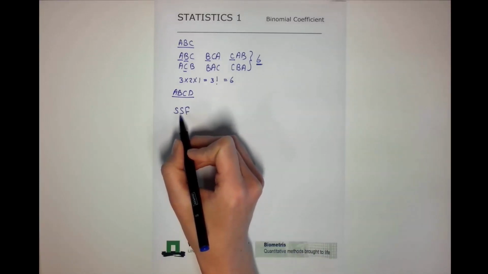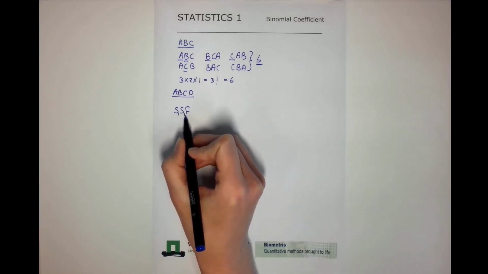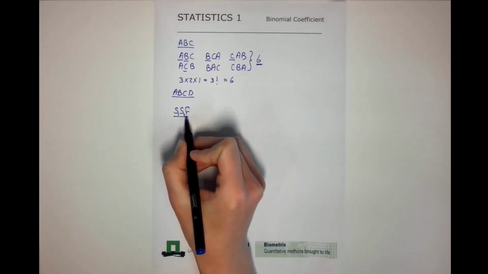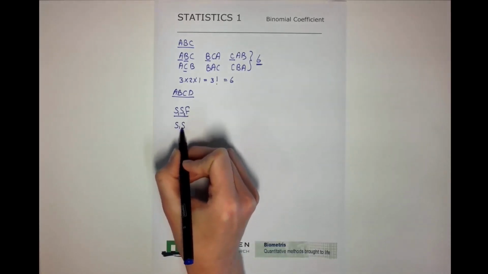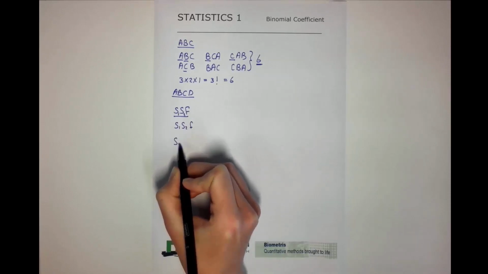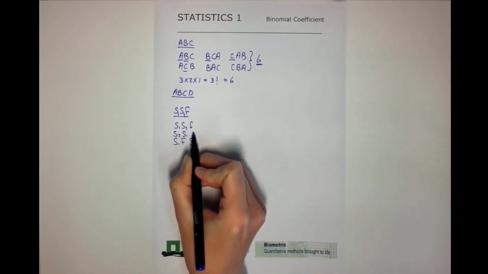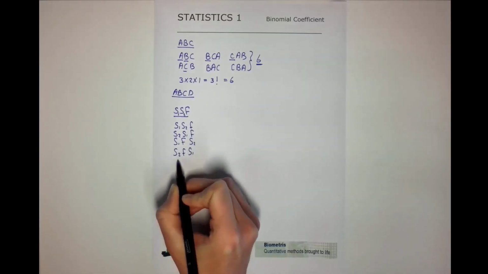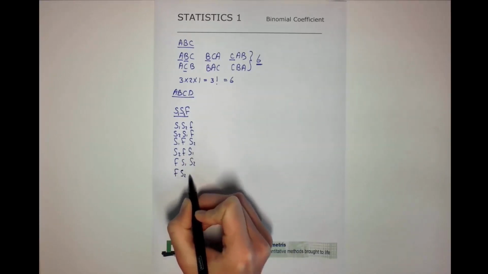For a second, let's mark S as S1 and S2. Now we could write down 6 different orders just as we did before. So we have S1, S2, F, S1, F, S2, S2, S1, F, S2, F, S1, F, S1, S2, F, S2 and S1.